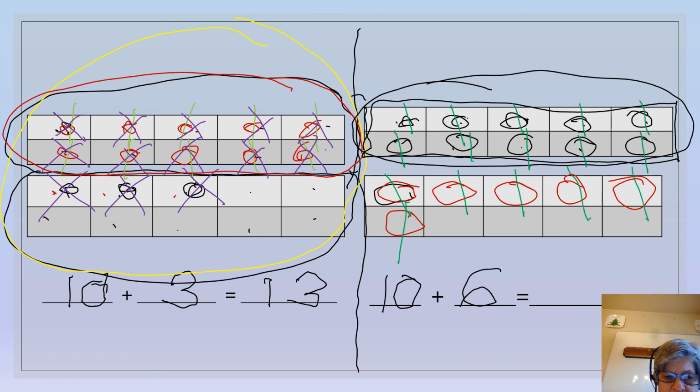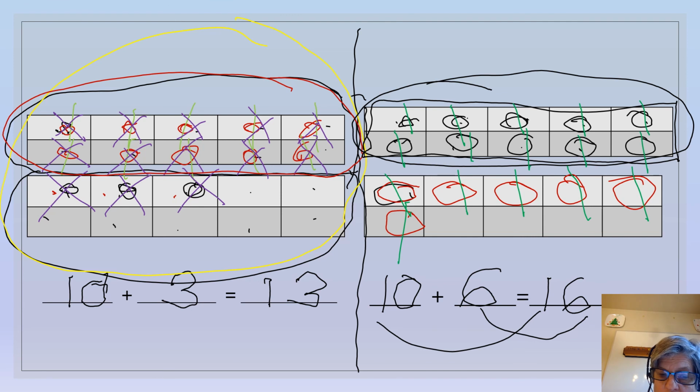So now I need to write 16. How do you write 16? Oh, it's a 1 and a 6. Because a 1 there and a 6. 16.